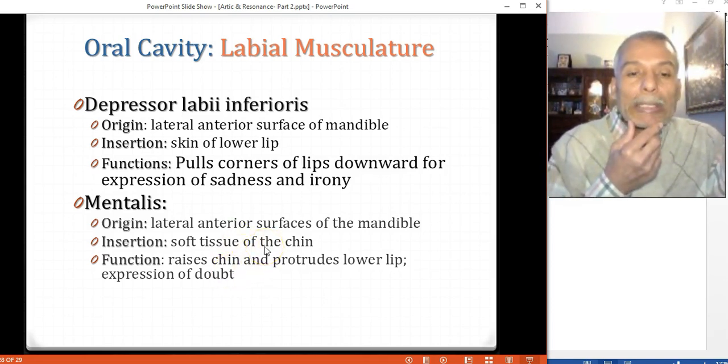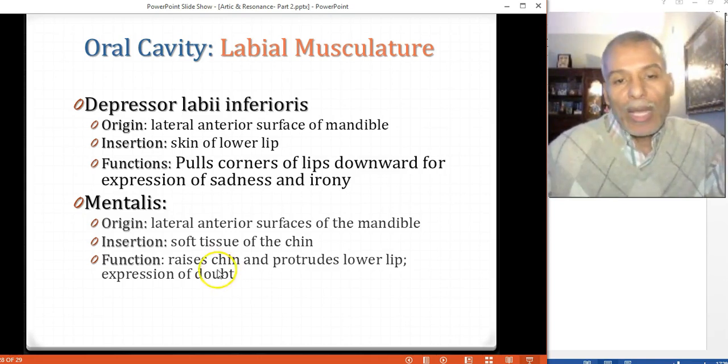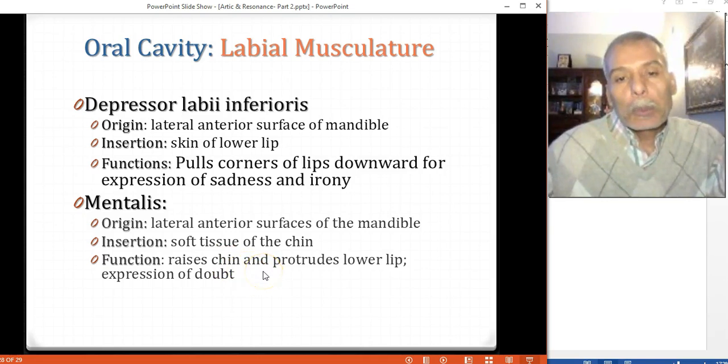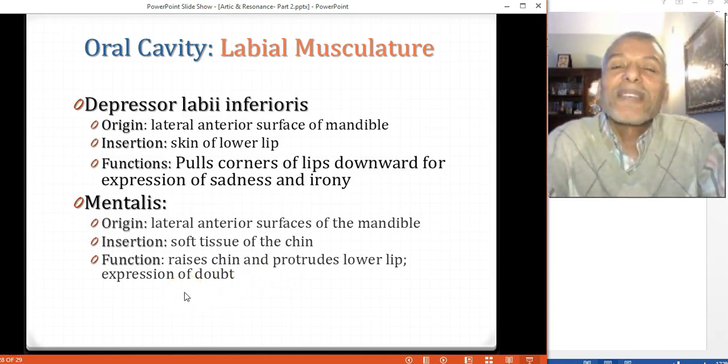So this enables you to move the tissue here of the chin. So it raises the chin and protrudes the lower lip for expressions of doubt.